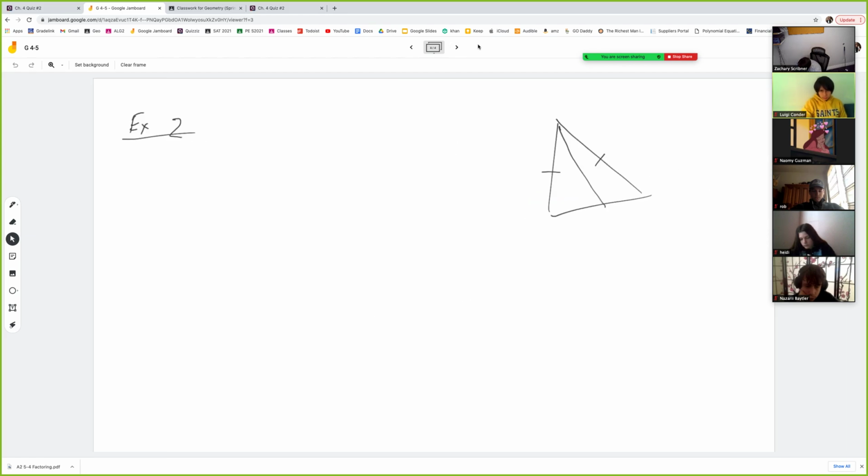We have 63 right here. We've been given that these two are congruent, and the reason why is the definition of an angle bisector, okay? Because it's the bisector, okay? Now we also know that it makes a perpendicular line, which means these are 90 degrees, okay?